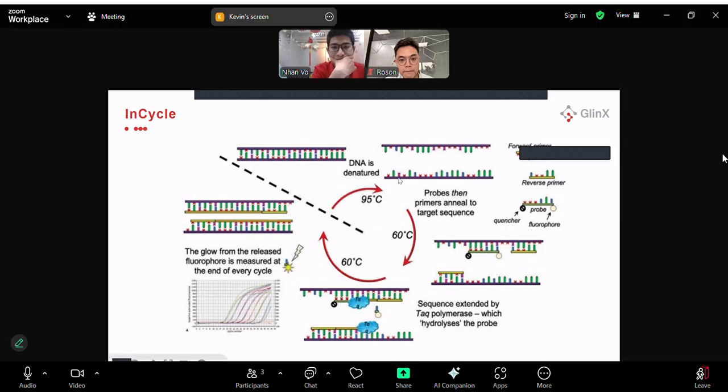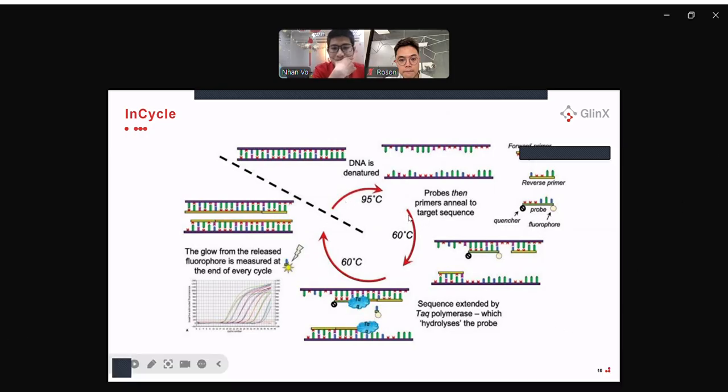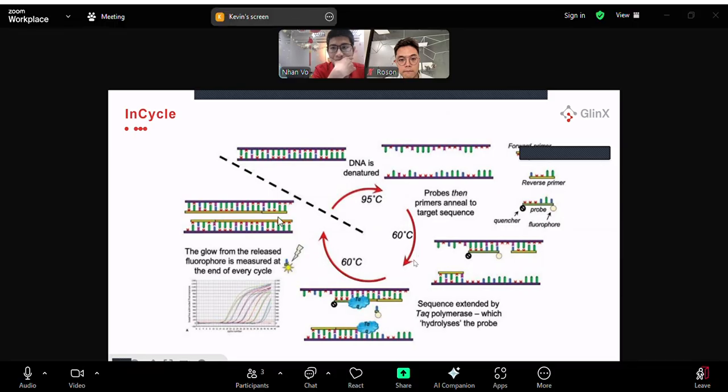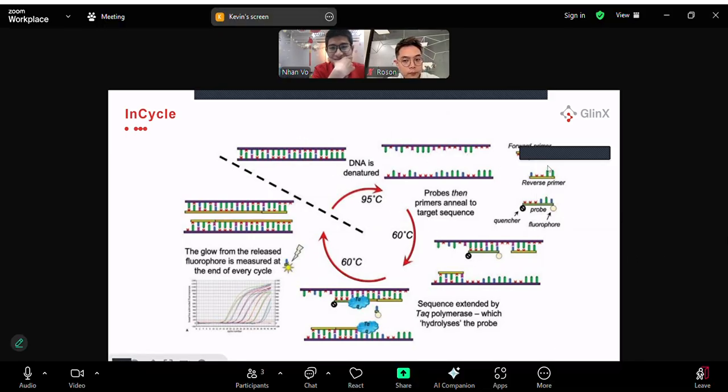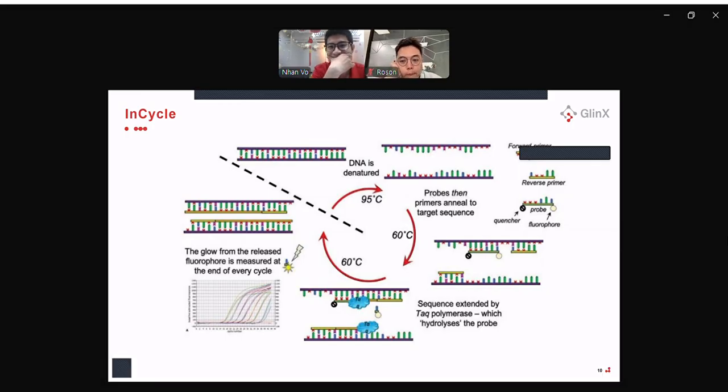Then we turn the machine to 60 degrees and use the specific primer or a fluorescent probe to bind the target sequence. The probe consists of a fluorescent reporter and a quencher.